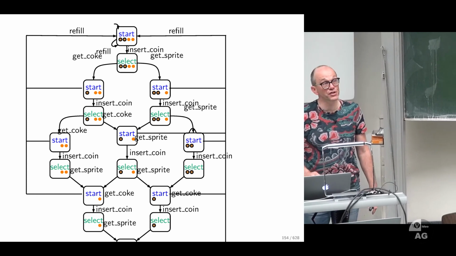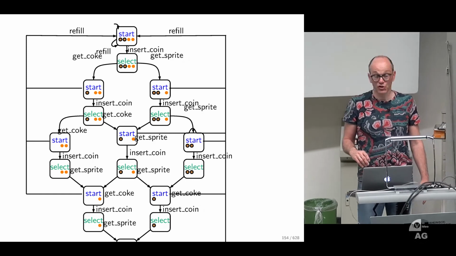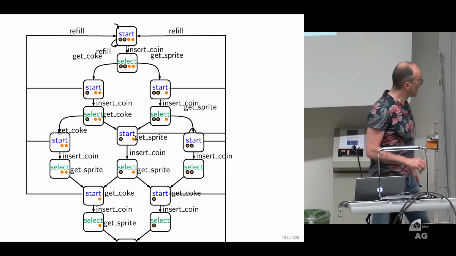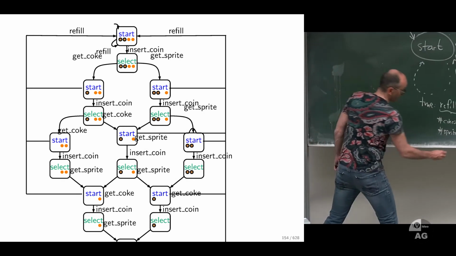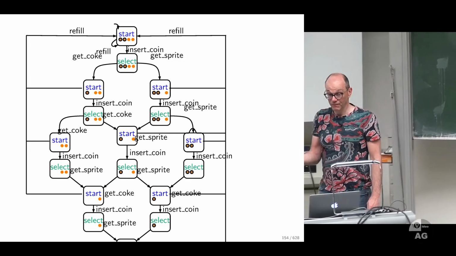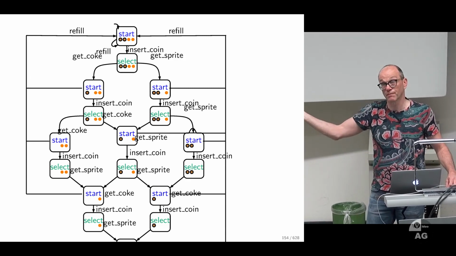And this is the transition system. With one caveat: in the transition system, I assume that the maximum capacity is 2. So if you assume that this max equals 2, then the definition I gave you before gives rise to this transition system.